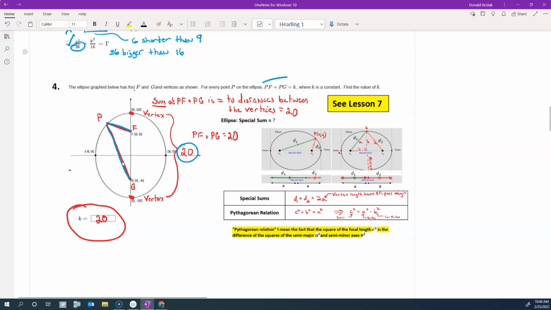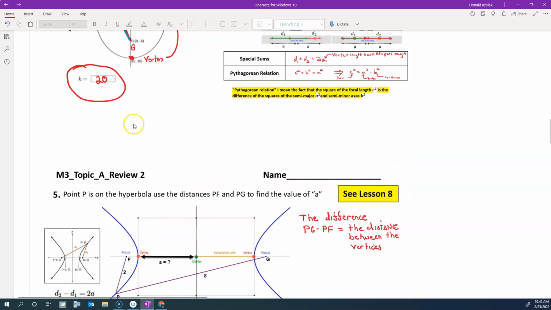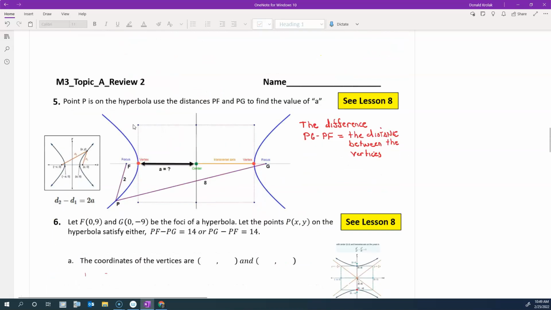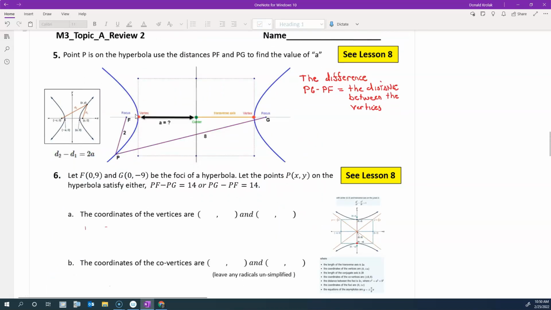So PF plus PG equals K. K would have to be 20 when you add those. Now, when you do it to a hyperbola, you don't add them to get the distance between the vertices, you subtract them. The distance from P to F is 2, and from P to G is 8.